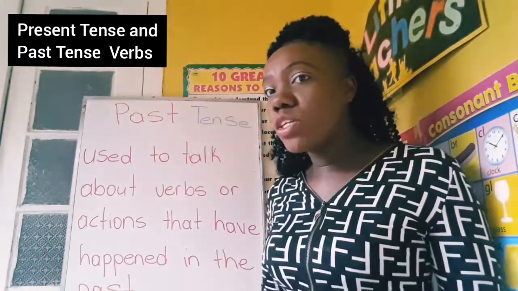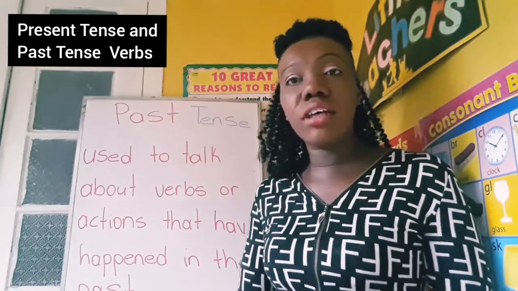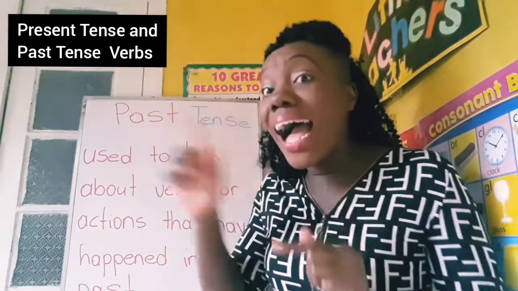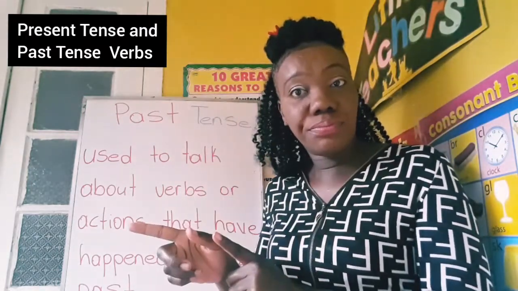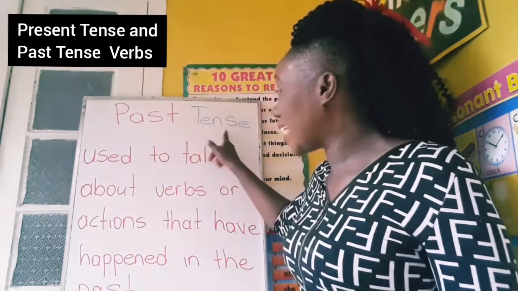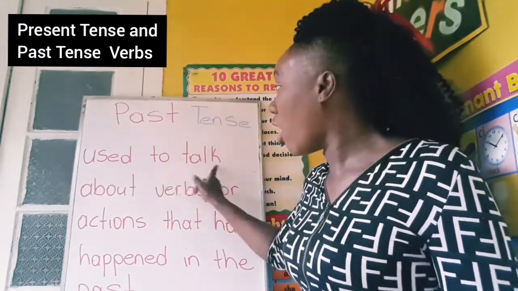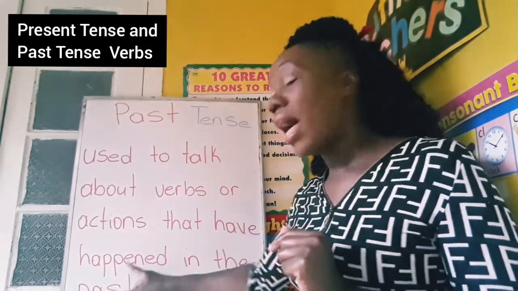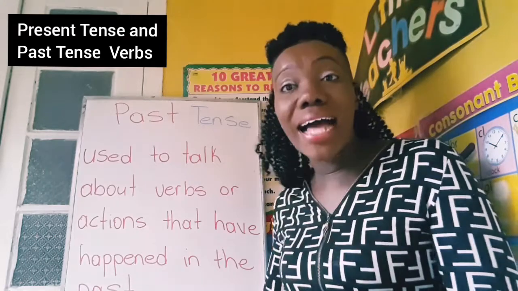So now that we know that present tense talks about things that are happening now, what do you think past tense means? Alright, so past tense is used to talk about verbs or actions that have happened in the past.